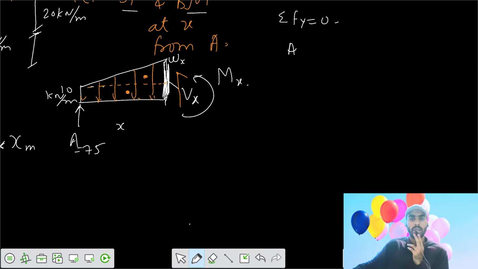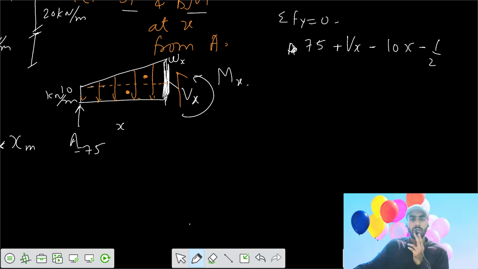Then we can say 75 kilonewton upwards plus the shear force is also acting upwards, and we have the loading downwards, equals minus 10 into length x, and minus half of the triangle area.